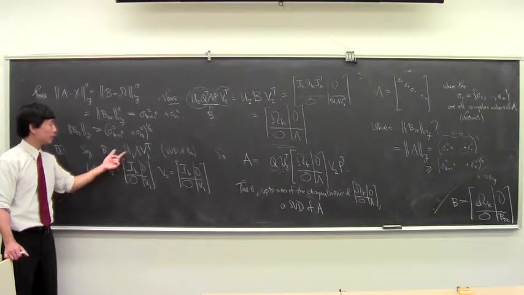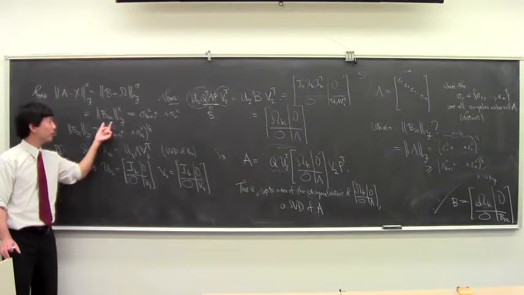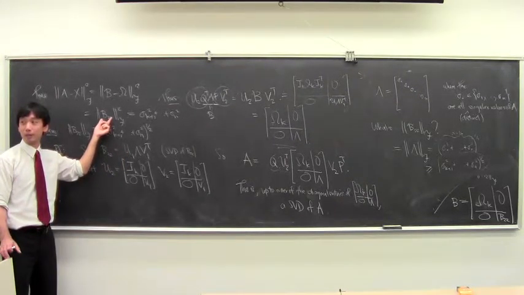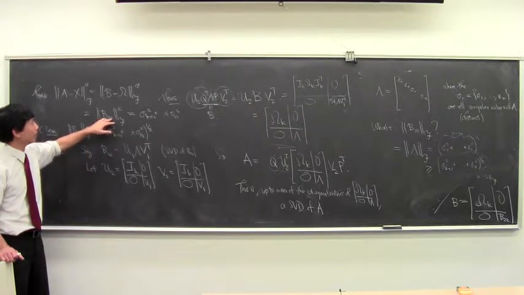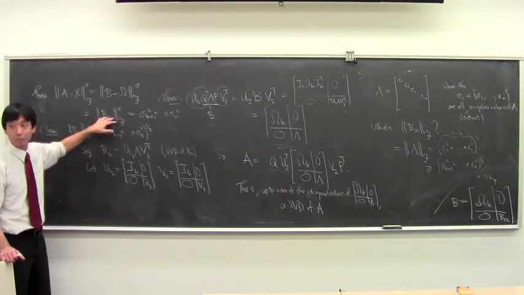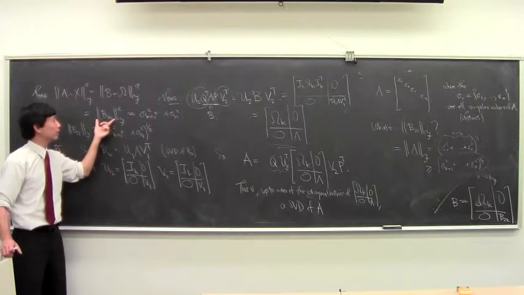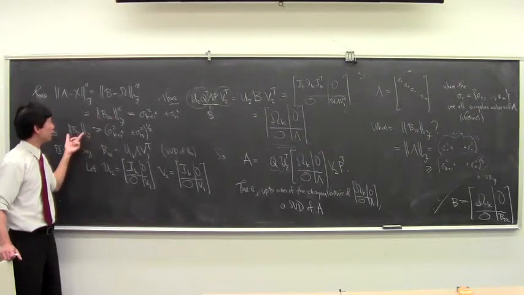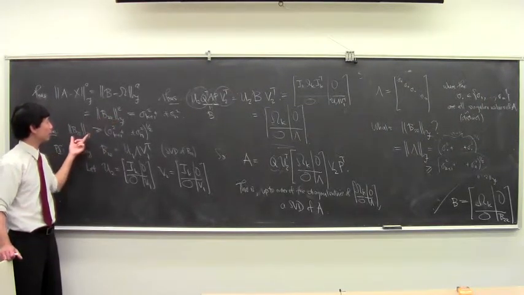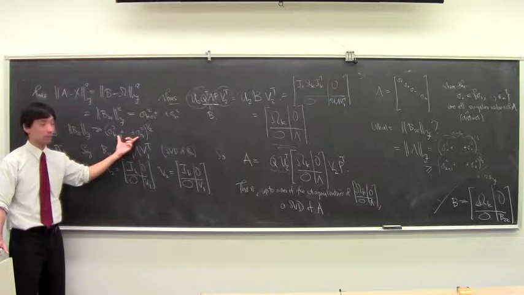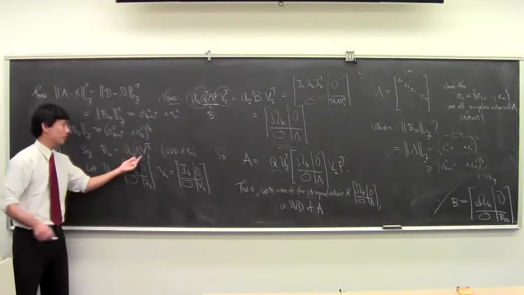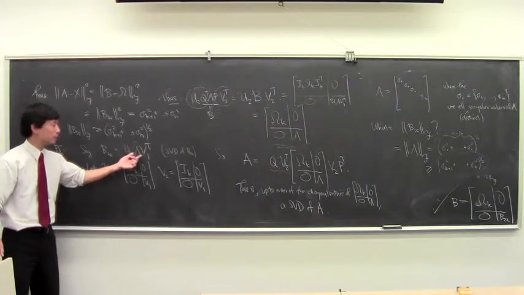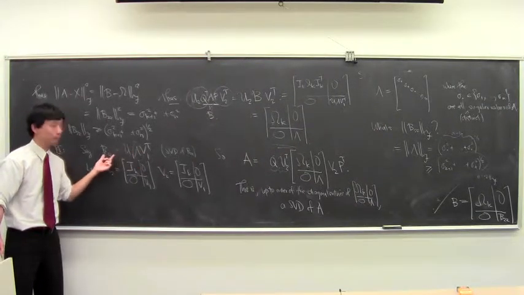Lambda is part of the singular value decomposition of this thing. We're trying to show that the Frobenius norm of this thing is bounded below by this constant, and so we take a singular value decomposition, and lambda is just the central part of that. So it's the singular values of B22.